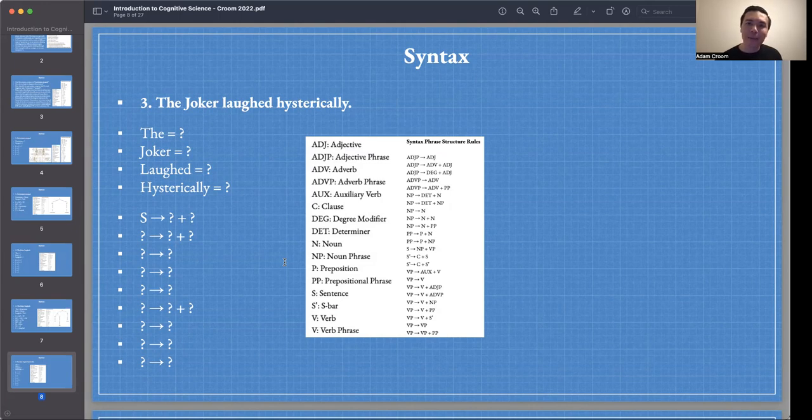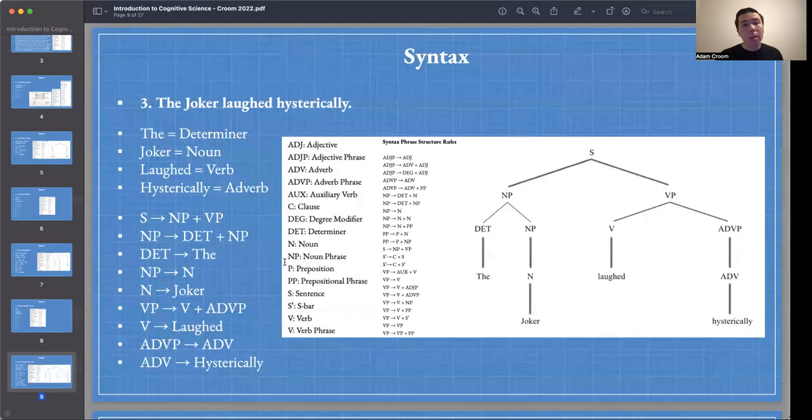If you have a hard time remembering, just remember it's sort of baked into the word. An adverb is going to modify or qualify a verb, and an adjective is going to modify or qualify the noun. So using that, let's move on to the solution here.